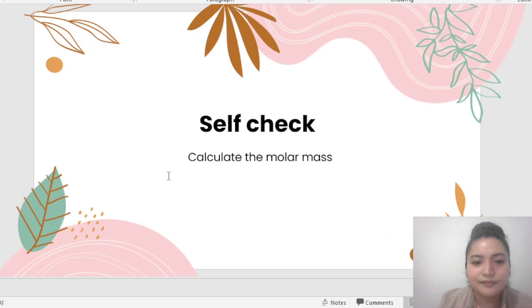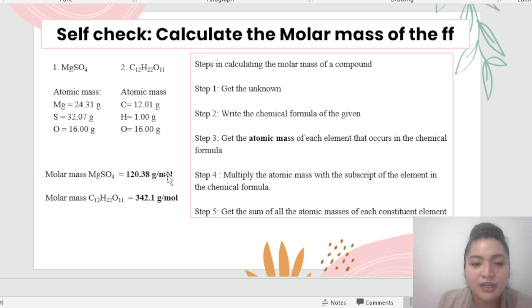Let us now have our self-check. So you have here two problems, namely magnesium sulfate and sucrose. They have their corresponding atomic mass and the steps that are involved in the computation of the molar mass. What you are going to do, my dear students, is compute for their molar mass, and you will see the answers being posted in the video.